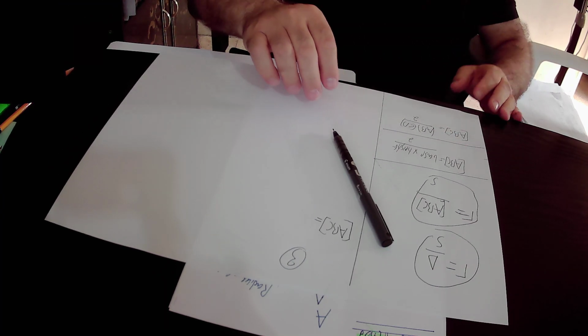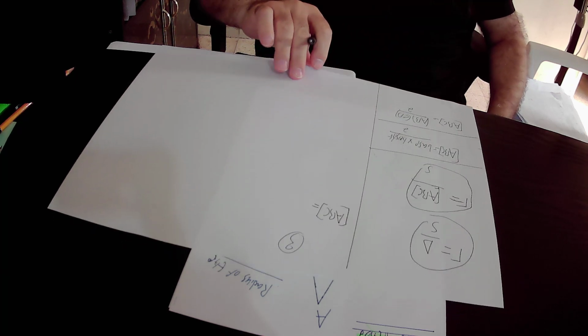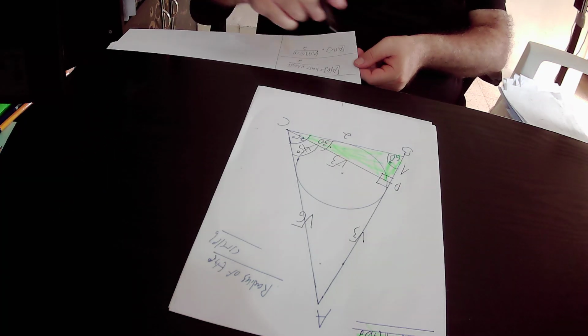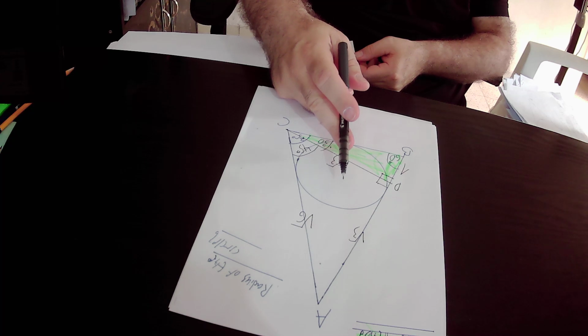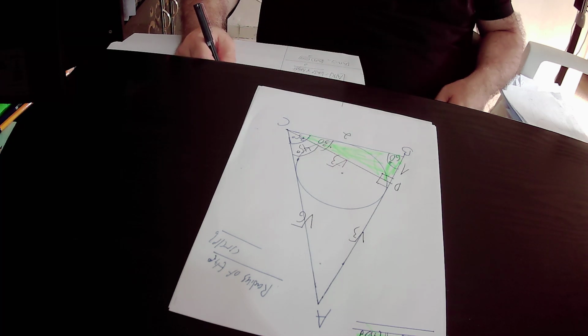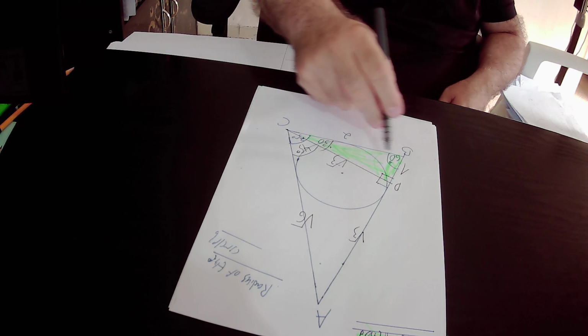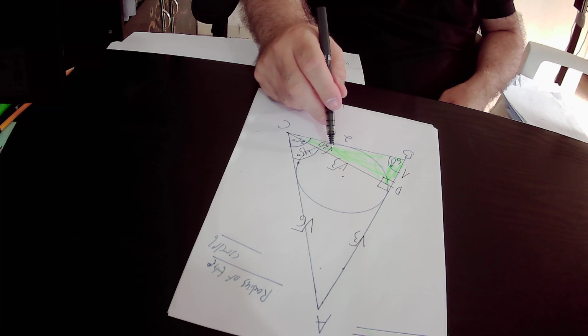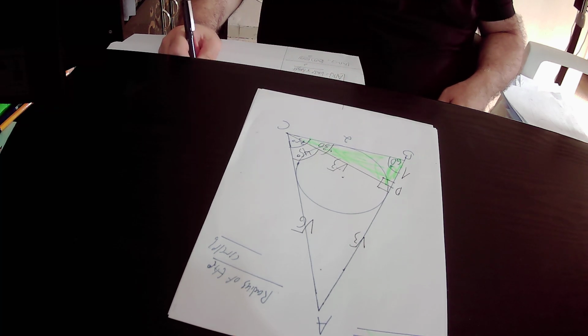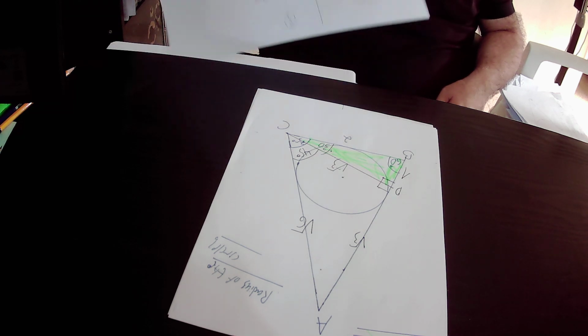So the area of triangle ABC is equal to the base AB, and the base AB equals 1 plus the square root of 3 units, times the height of the base that is DC, and DC equals the square root of 3 units, over 2.